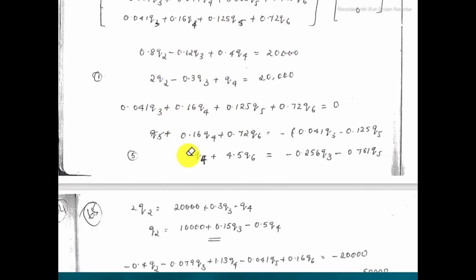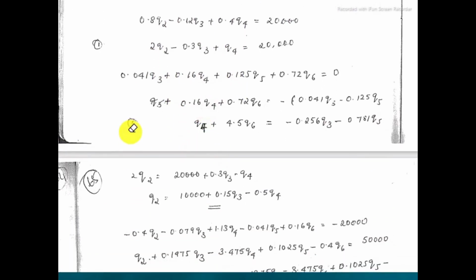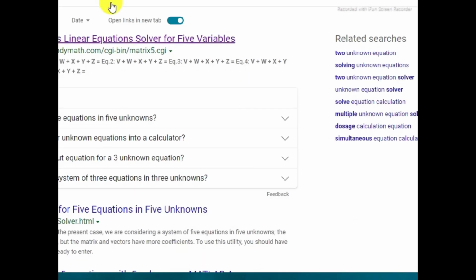You can do this manually, or if you want to use a scientific method, you can go to Google and search for 5 unknowns equation calculation. A simultaneous linear equation solver is available on the website handymath.com.